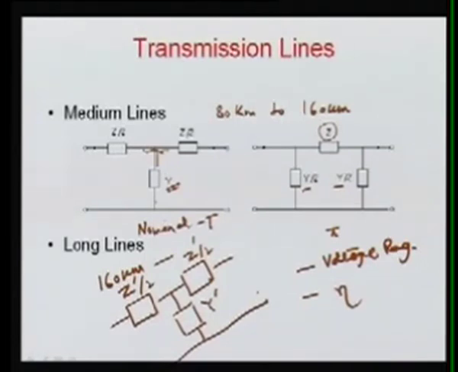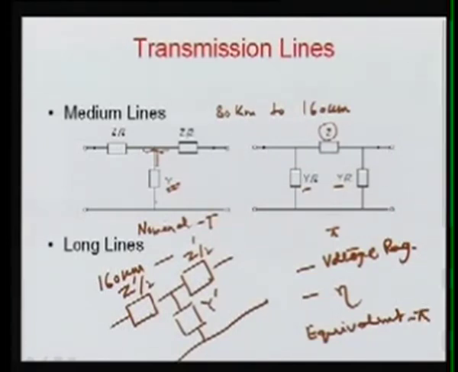Similarly we can go for this pi representation, and that is called the equivalent pi, because what we are doing, this distributed parameter we have represented, and then we are trying to represent that line in terms of equivalent of pi, so that's why it is called equivalent pi.